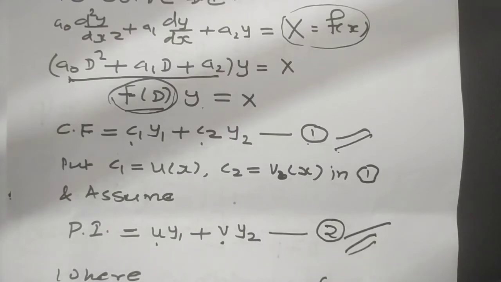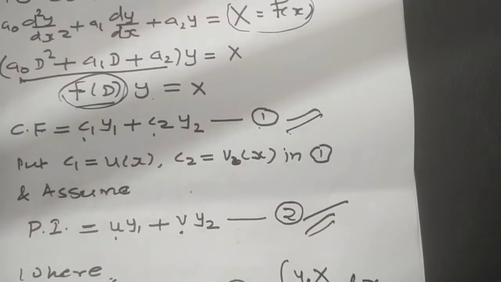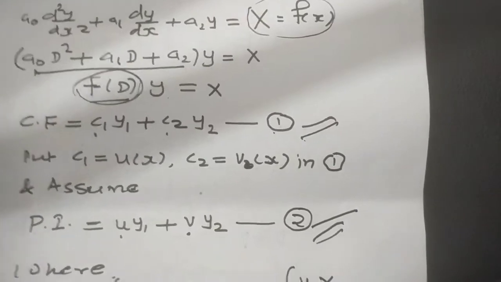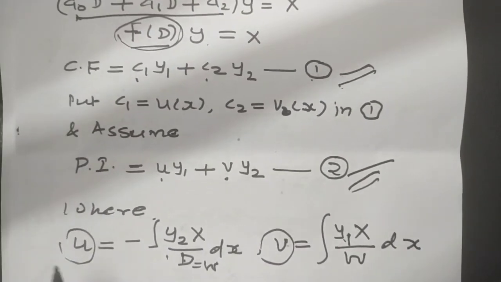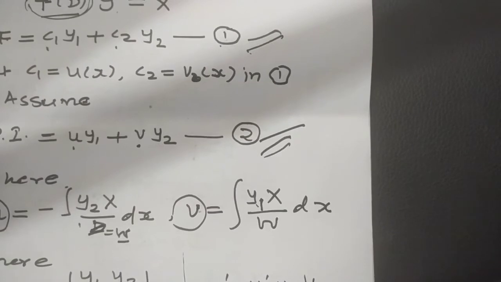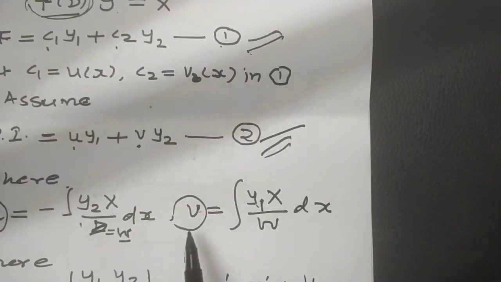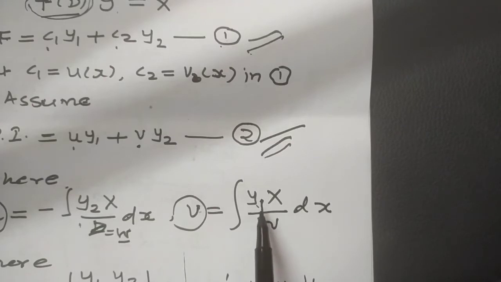This is say expression number 2, where u and v are calculated from the formulas: u is equal to minus integration of y2 X upon W, where W is called the Wronskian determinant, and v is equal to integration of y1 X divided by W. X is always a function of x there.